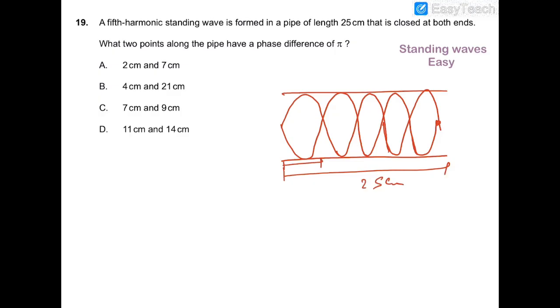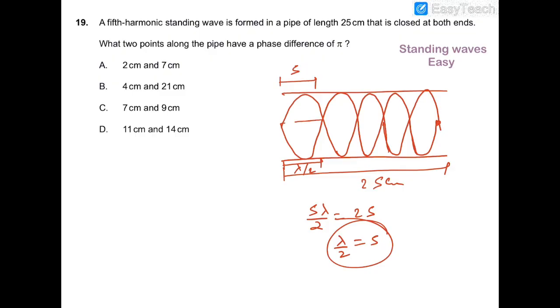So we can say that this is lambda by 2 and 5 lambda by 2 is equal to 25. So lambda by 2 will be equal to 5. So this is 5.